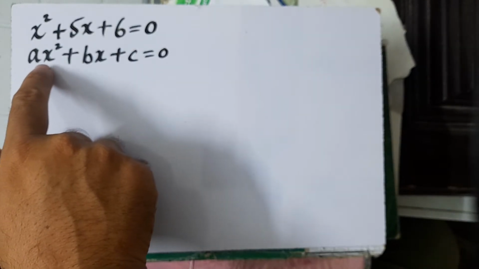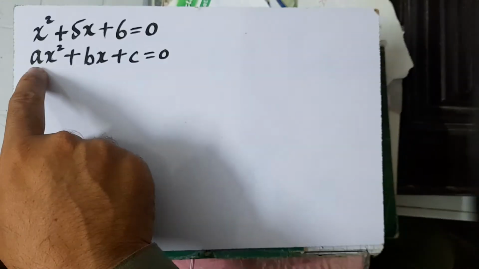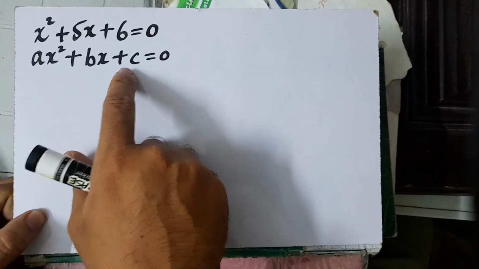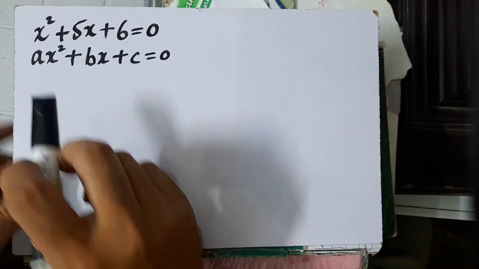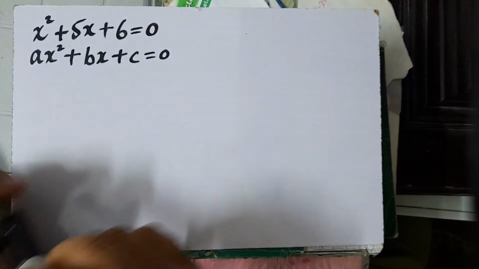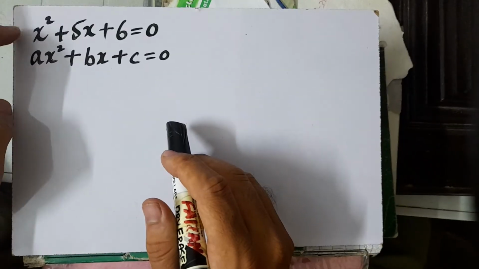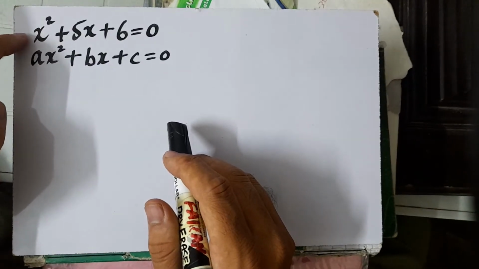A is coming before x squared, so a is the coefficient of x squared, b is the coefficient of x, and c is the constant. Anything which comes before x squared is called the coefficient of x squared, and that is 1 over here. 1 is not written in algebra in front of any variable.